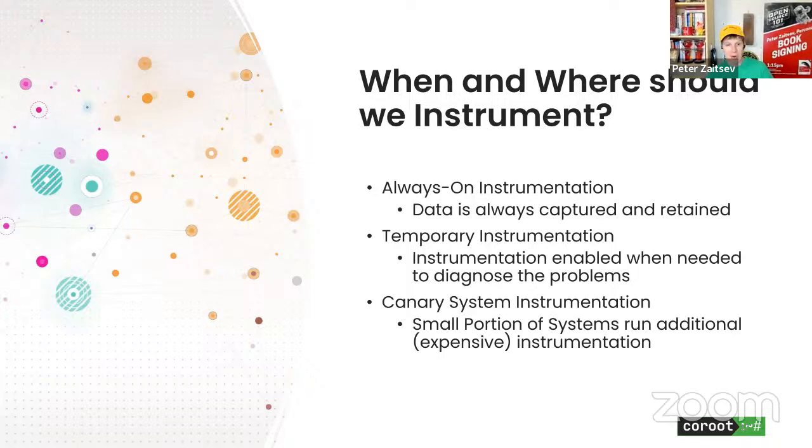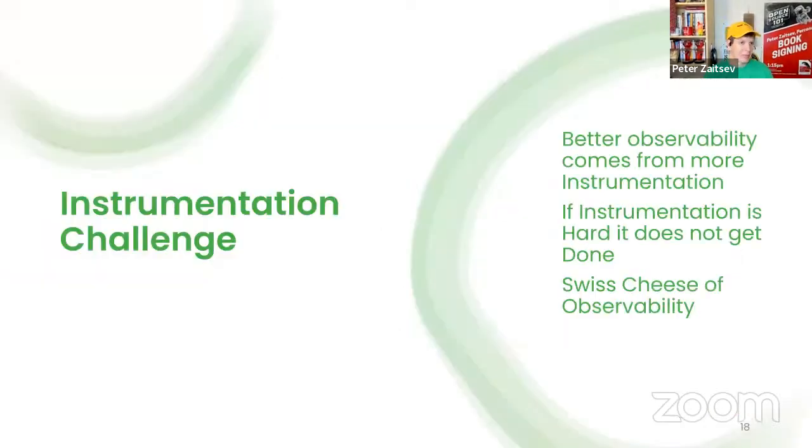Sometimes you do it with new code. Sometimes you would do that with, let's say, just a very small 1 out of 100 of the services, assuming that every service has the same load and the same operation, but instrumenting only one of them helps to get much more details.